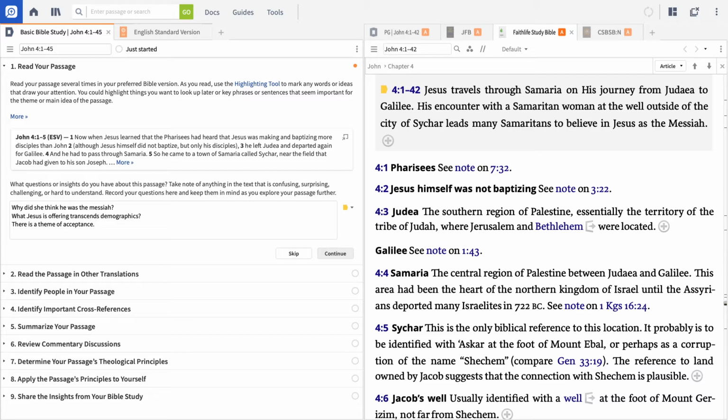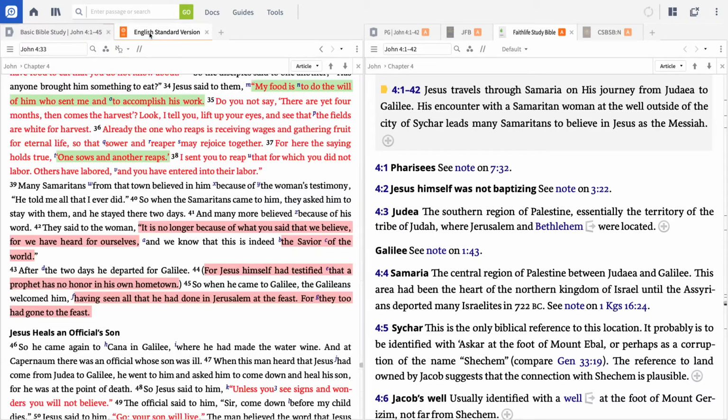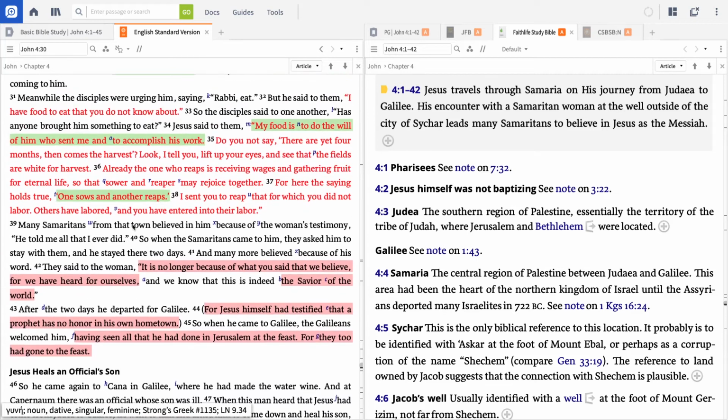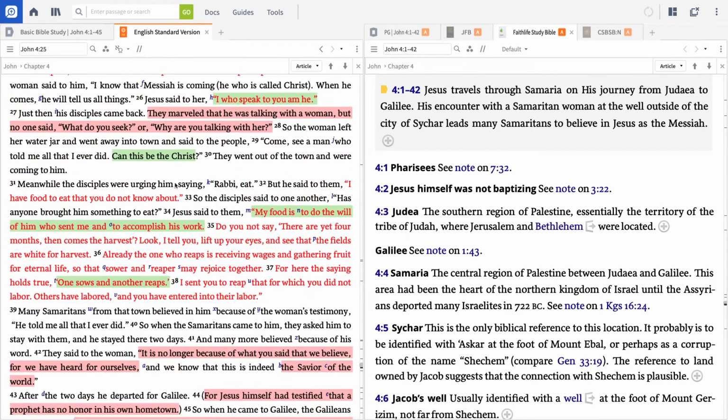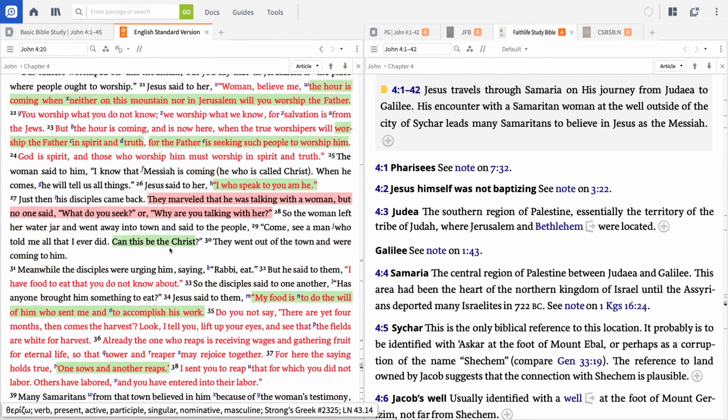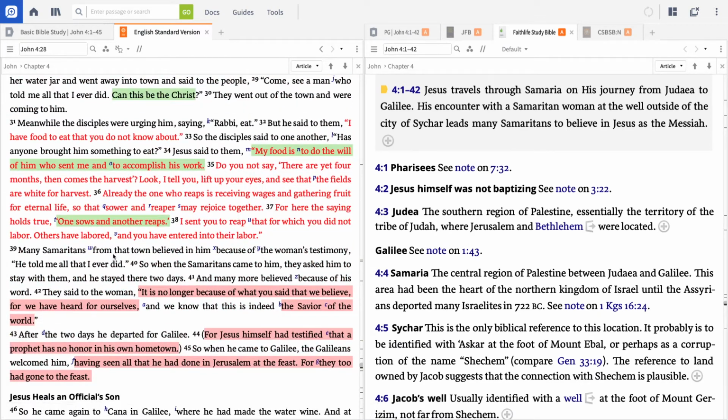And not to mention, that's another thing I forgot. I just realized, we also have the woman being accepted among her own people. You can see that they believed in him because of the woman's testimony. He told me all I ever did.